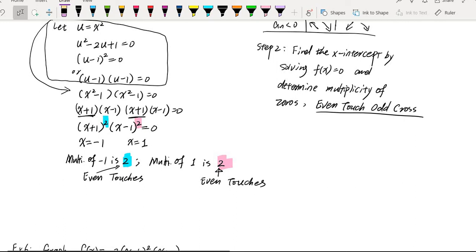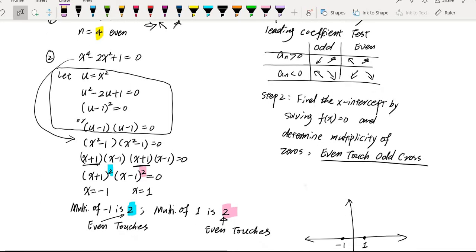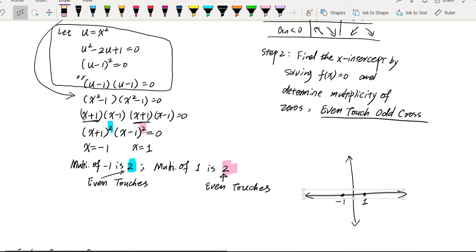From these two pieces of information, we can figure out this graph should look something like this. We have -1 here, and then another zero that is 1 right here. From step 1 we had both sides rise. So that means the graph should look something like this.